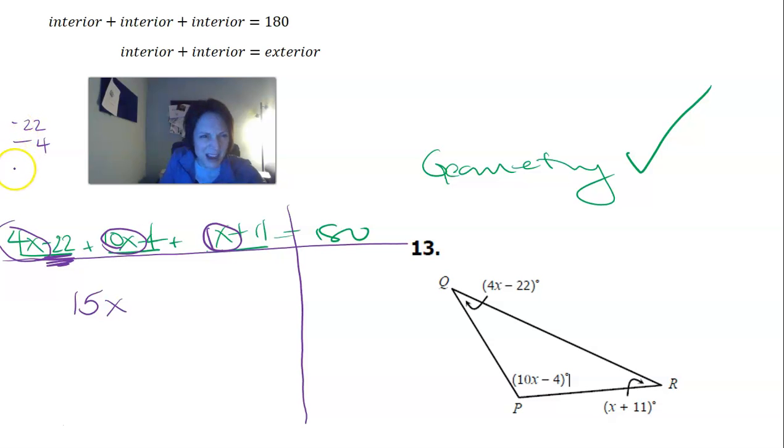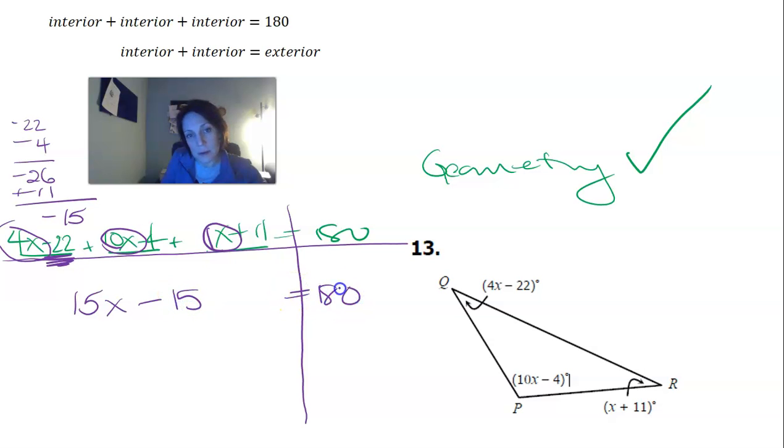So this is minus 26 plus 11 is going to give me a negative 15, I think, right? 26 minus 1 is 25, minus 10 more is a negative 15. Again, a little bit of combining, and you got yourself a 2-step equation that should be easy to solve.